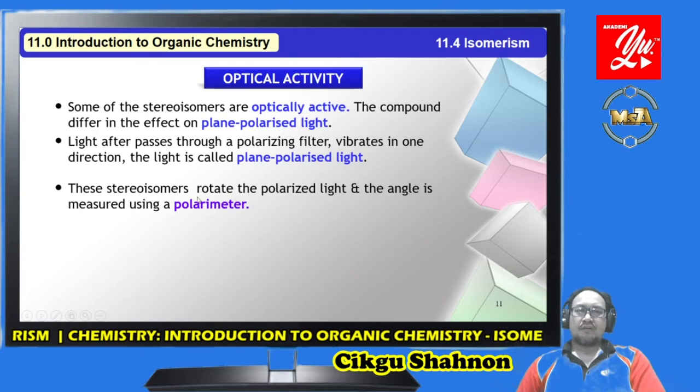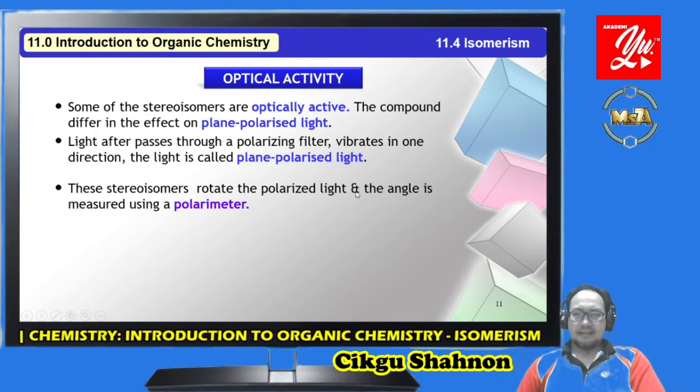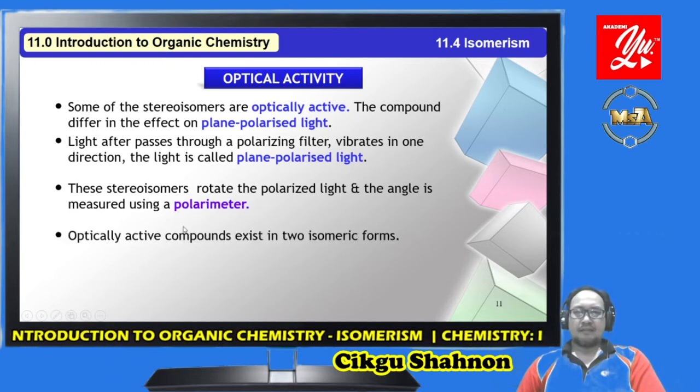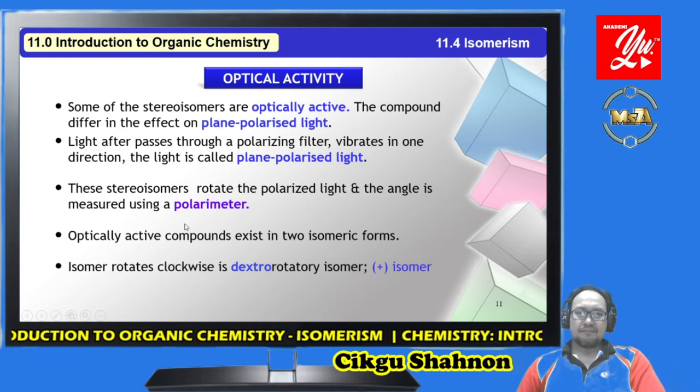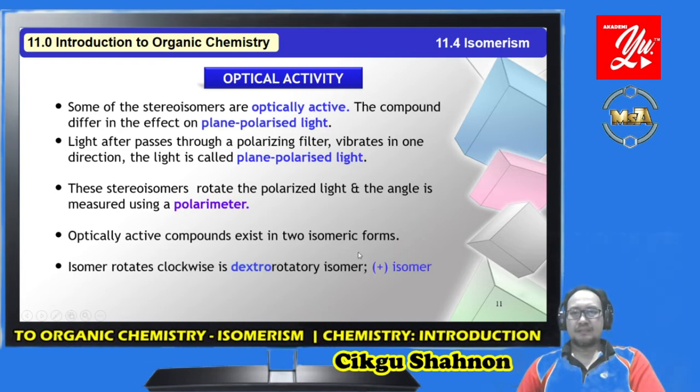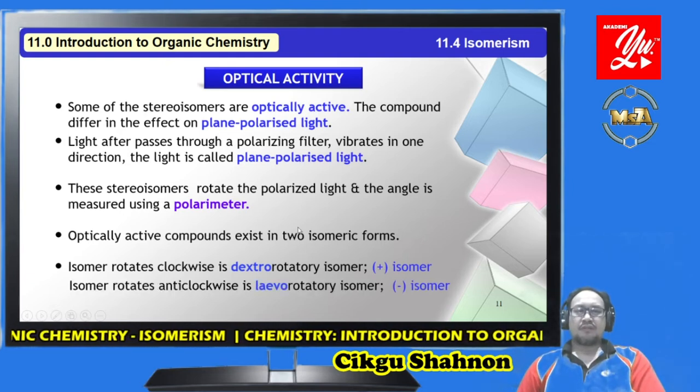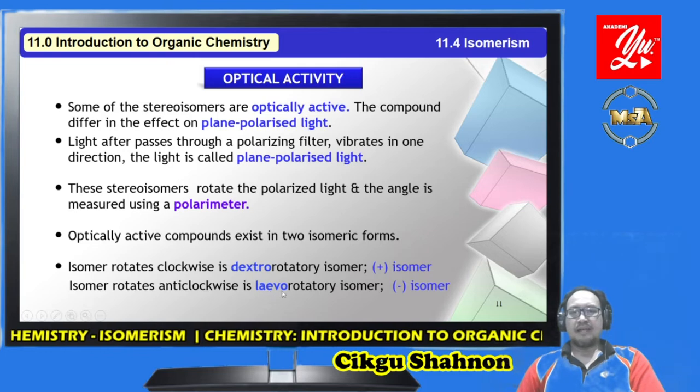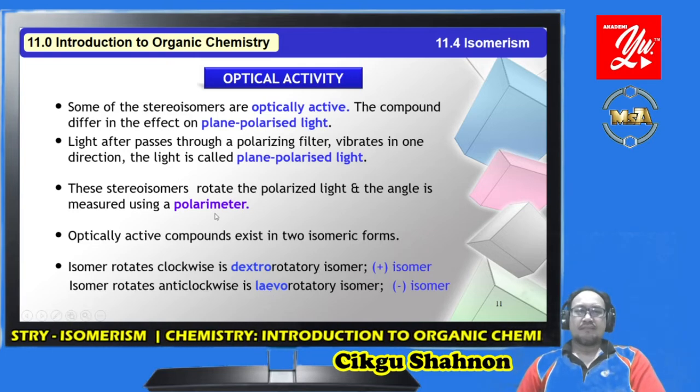These stereoisomers rotate the polarized light, and the angle is measured using a polarimeter. An optically active compound exists in two isomeric forms. Isomers that rotate clockwise are dextro-rotatory isomers, and we use plus. Isomers that rotate anti-clockwise are levo-rotatory isomers.